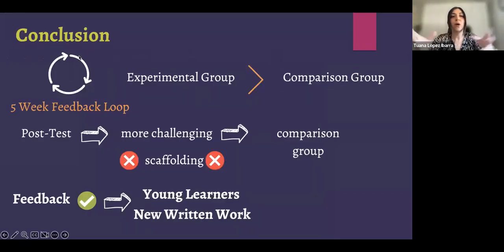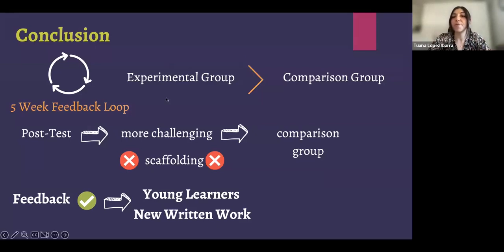Here we can conclude that in our findings, this 5 weeks feedback loop that we put our students in had an impact, because the experimental group outperformed the comparison group when we kept everything the same: the activities, the syllabus, the teaching, everything was the same. The only thing that we did differently was providing the feedback loop.